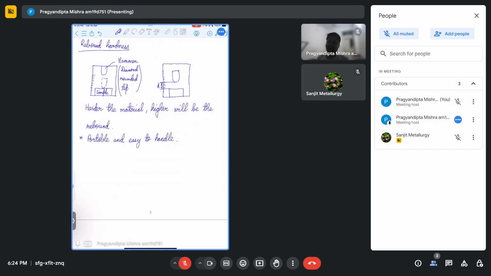Okay, so now let's come to the new type of hardness testing, basically the ones that we are doing today, the modern hardness testing types, which is known as indentation hardness.